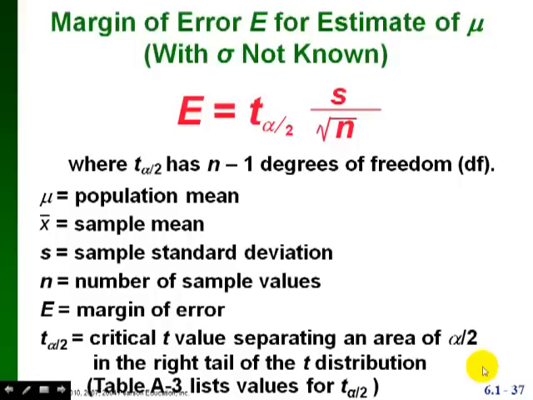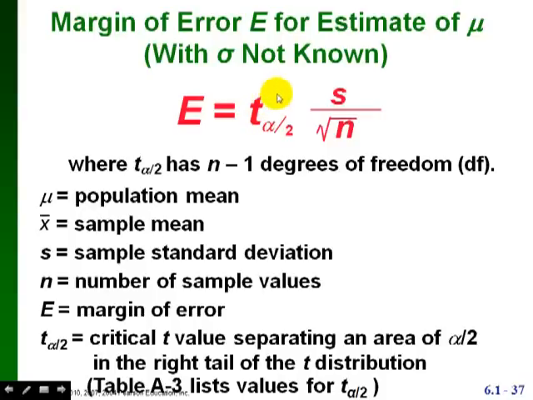Since we already know how to do confidence intervals in general, we're going to go straight to the formula here. So again, we're going to be using our point estimate and our margin of error to construct our confidence interval. And here's the formula for our margin of error.